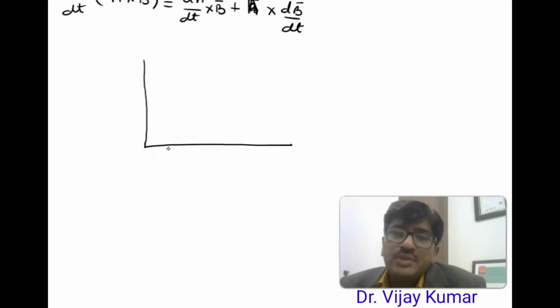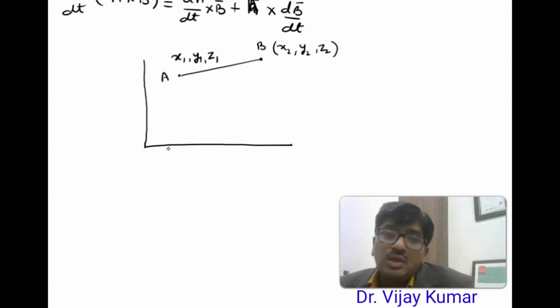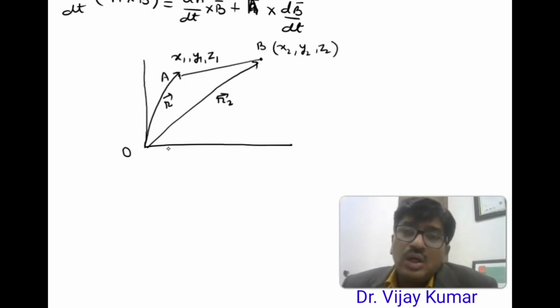Now suppose this is point A with coordinates x1, y1, z1, and a particle is moving from point A to B, where the coordinates of point B are x2, y2, z2. Suppose this is the origin, and the position vector of A is R1 and of B is R2. The displacement vector R equals R2 minus R1, where R2 is x2 i plus y2 j plus z2 k and R1 is x1 i plus y1 j plus z1 k.